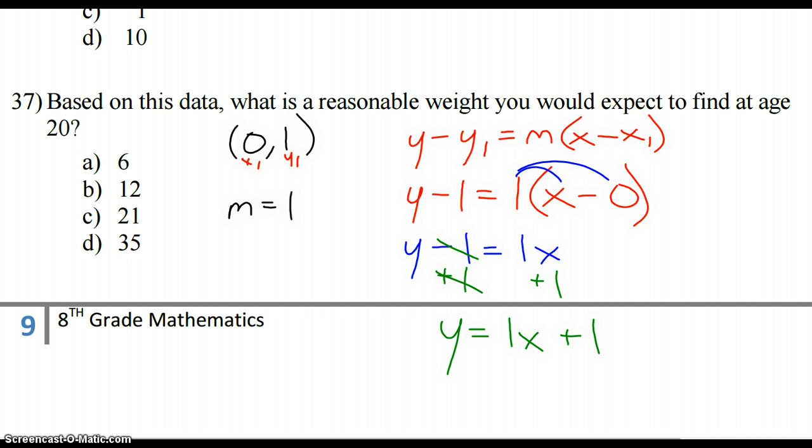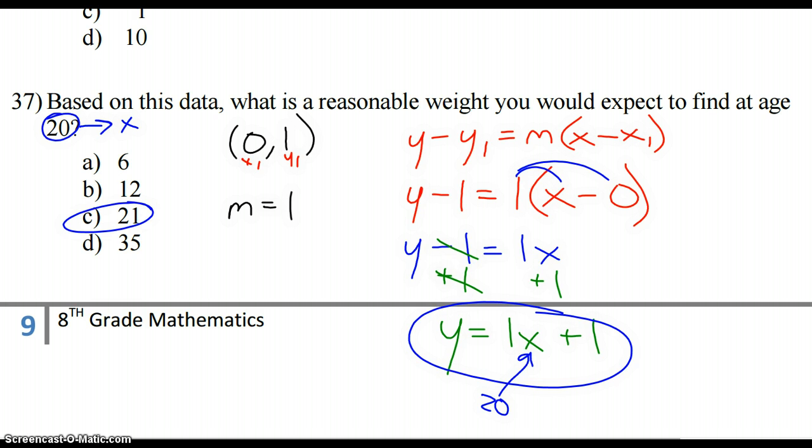And in order to make our prediction then, so this line right here represents the line of best fit. It's the pattern of our data. I'm going to put this in for the input, or for x. So I'm going to put 20 in for x, and I get 1 times 20, which is 20, and then 20 plus 1 leaves us at 21.